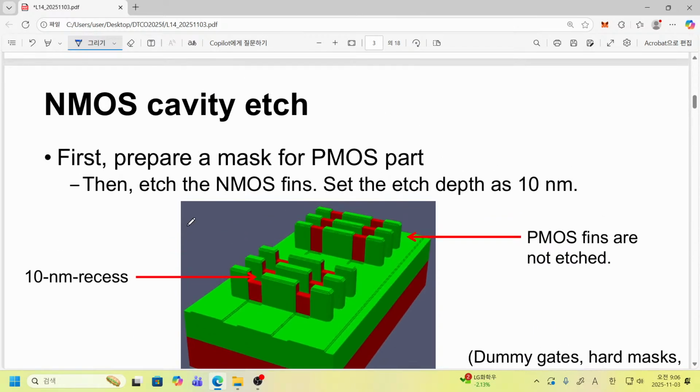The last two lectures, lectures 12 and 13, were devoted to the selective epitaxial growth. The point was it has anisotropy originated from crystal structure.